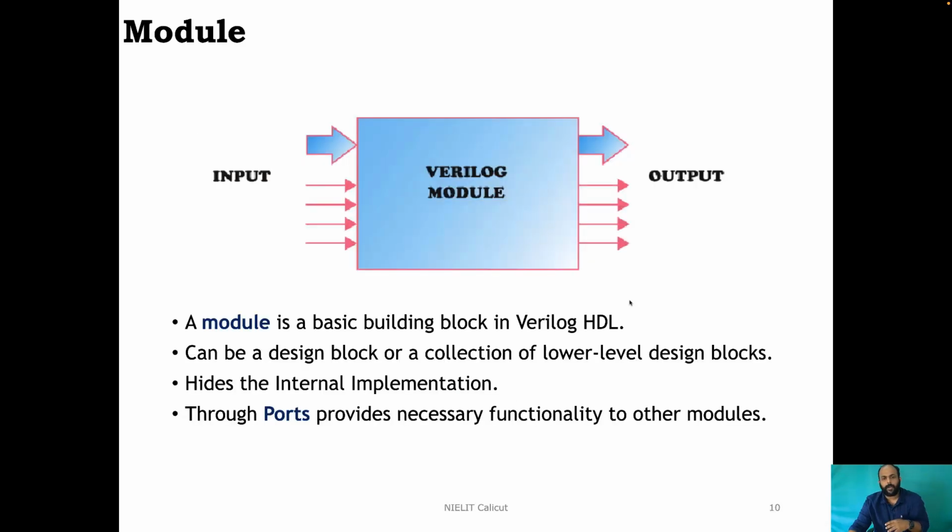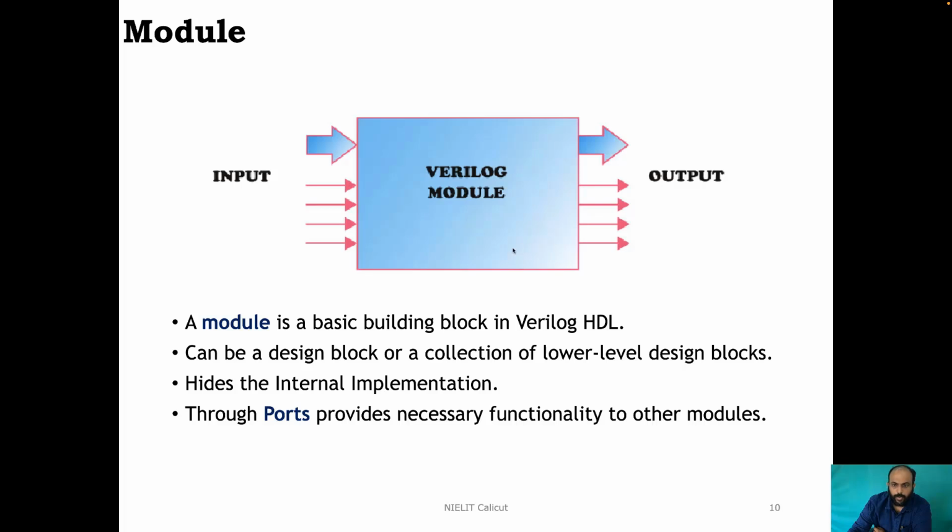Now if you look at Verilog, the most fundamental entity or building block is called a module. A module can be imagined as a black box with a lot of input pins, output pins, and also there could be some bidirectional pins as well. Okay, so what is a Verilog module? A Verilog module is nothing but a design block, or it could be a collection of one or more low level design blocks.